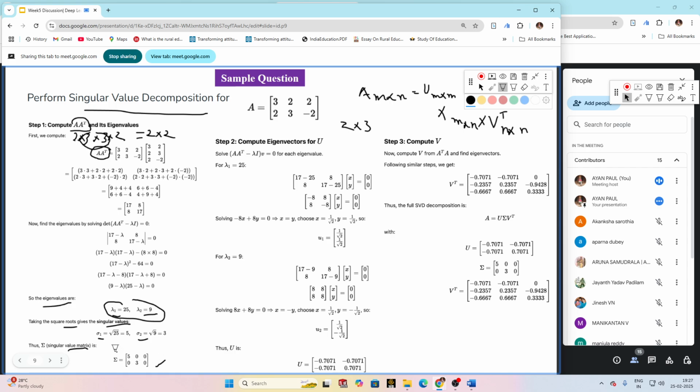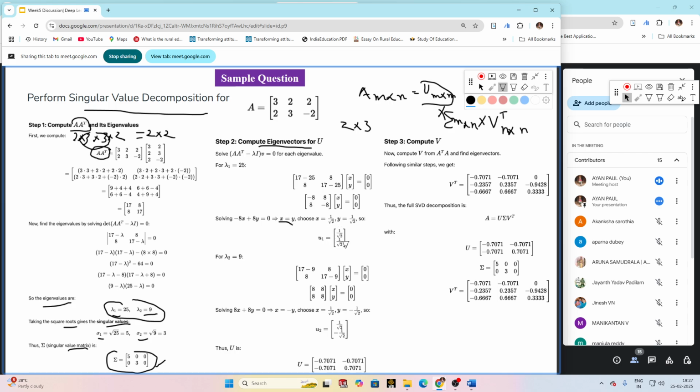So we have got the singular value matrix, that is sigma. Now our next step is to calculate U. How can we calculate U? Again we have to calculate the eigenvectors. Taking the lambda 1 value as 25, we calculate the first eigenvector, where x equals y.